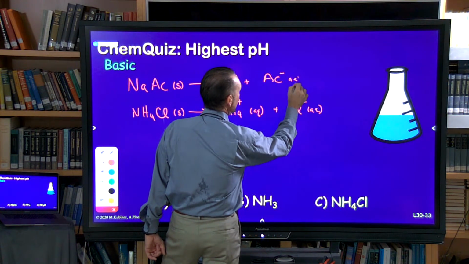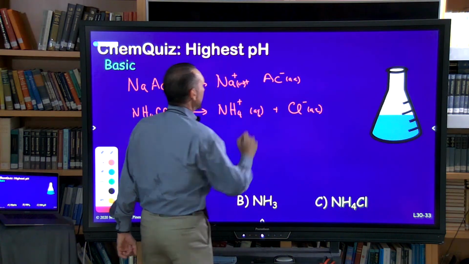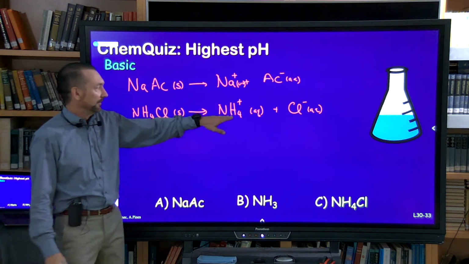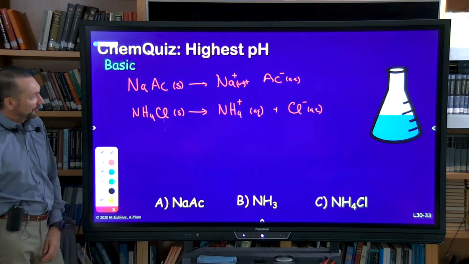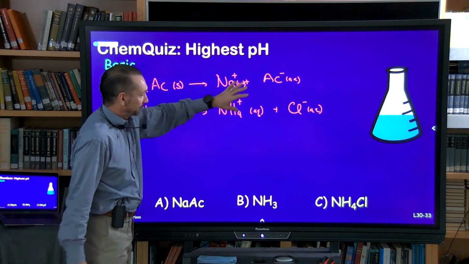These are all the aqueous ions. We don't generally write that down. We get tired of writing aqueous. If you see an ion in solution, we're not going to write the aqueous. Just takes too long. So those are the ions in solution.